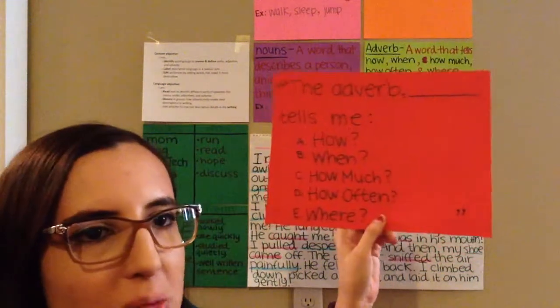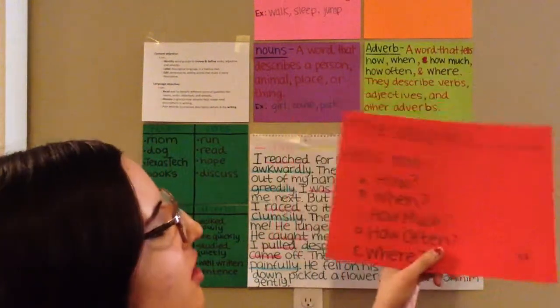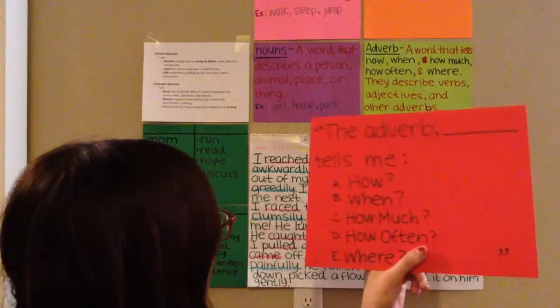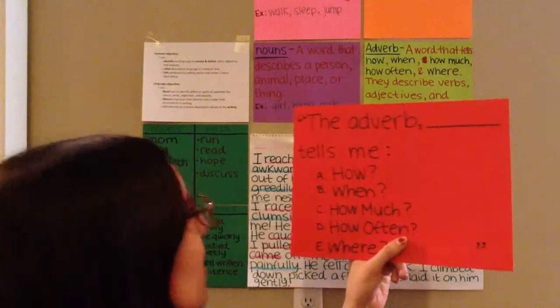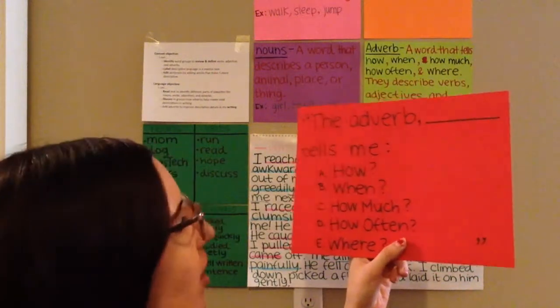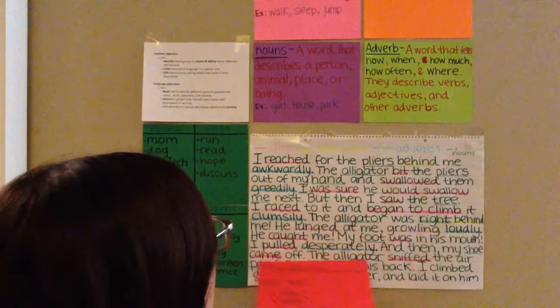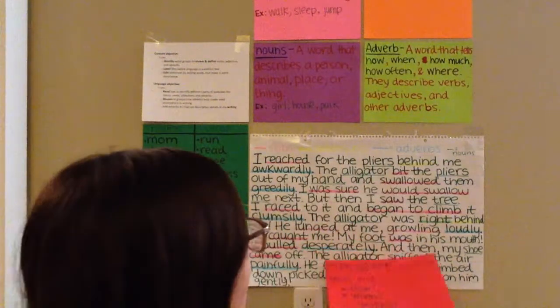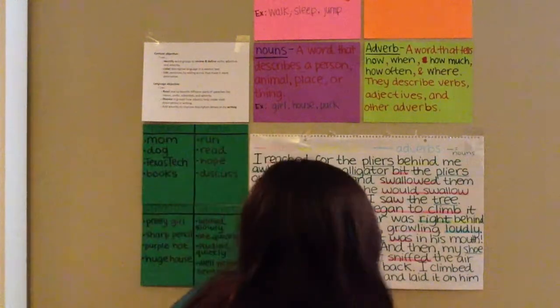So I want you to talk to your partner and fill in the blank for this and select one of the answer choices. Okay, good. So the adverb painfully tells me, good, how. Because now that I see that he was sniffing painfully, I know how the alligator was sniffing the air. Good job. We have a couple more sentences.